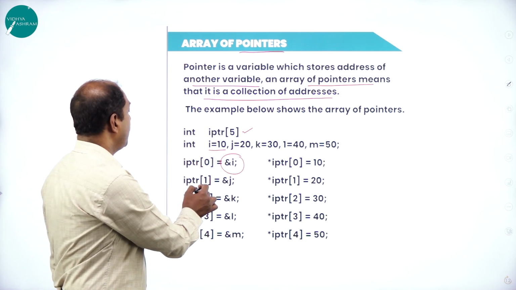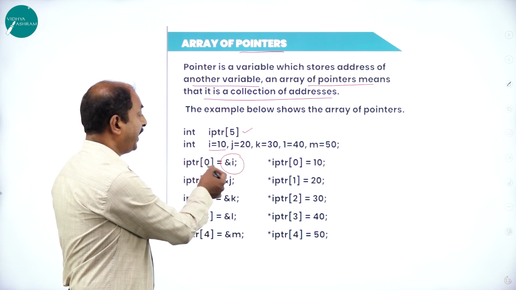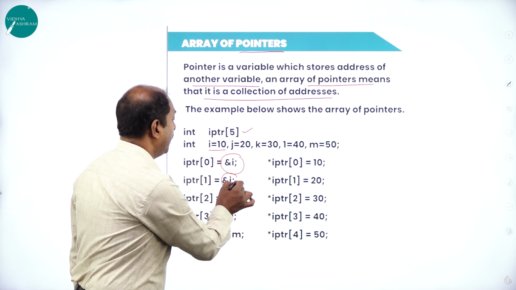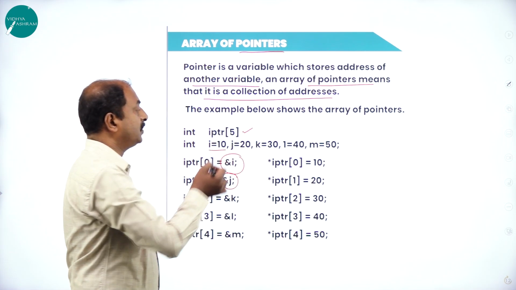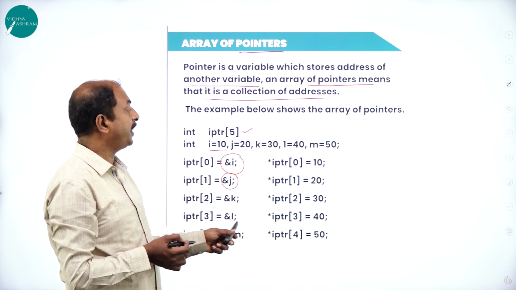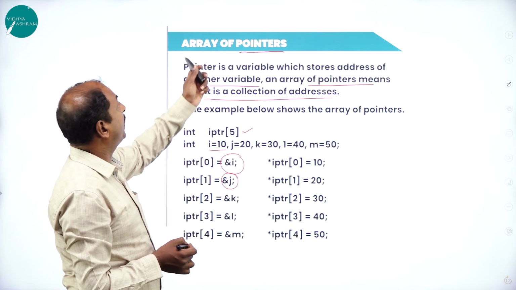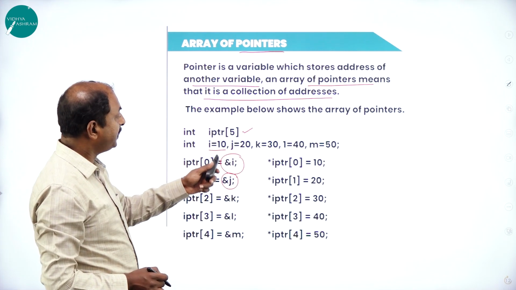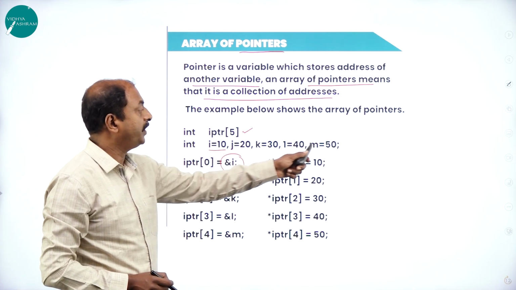Similarly, the next index is 1, and it stores the address of j. Ampersand j means address of j. This is nothing but an array of pointers. If you look at this array, it contains the addresses of all the variables.